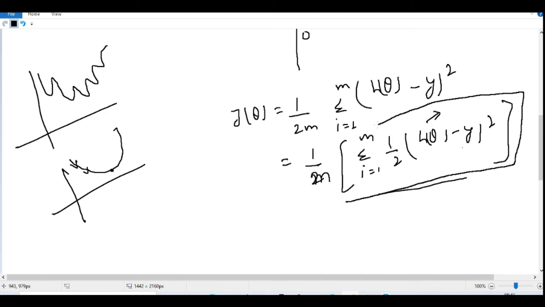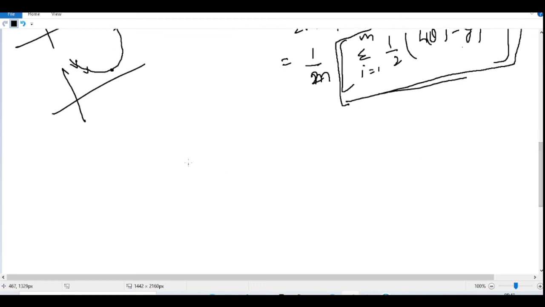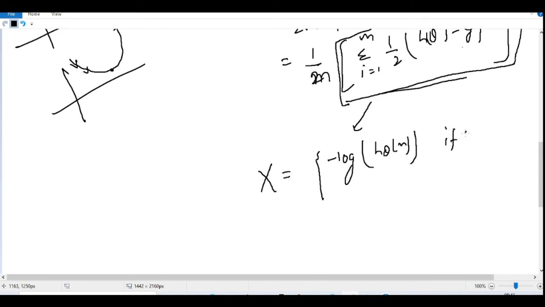Instead, we consider the cost, let's call it capital X, equal to minus log h theta of x if y is equal to 1, and minus log 1 minus h theta of x if y is equal to 0.